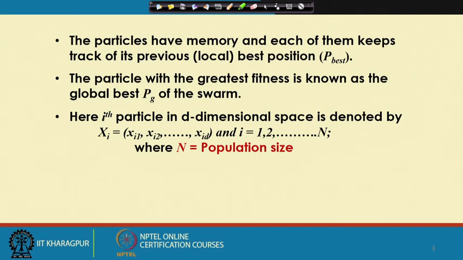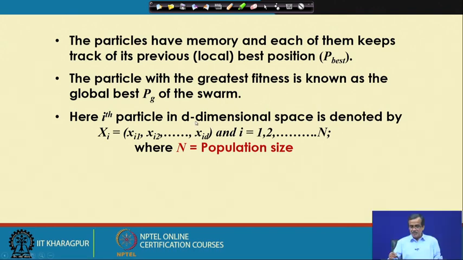Now, the ith particle in d dimensional space is denoted by capital X i, and capital X i is the collection of small x i1, x i2 up to x id, because it is having d dimensions, and i varies from 1 to n, where n is the swarm size. Here I have written population size, but truly speaking it should be the swarm size in PSO.